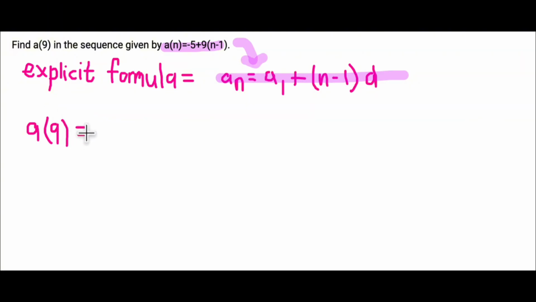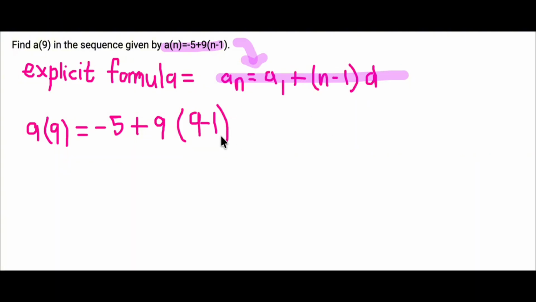So now, instead of doing what we have done before, we're just going to plug in the number we were given that we need to find, which is a9, equals -5 plus 9 times, in parentheses, n minus 1. And our n is going to be 9.